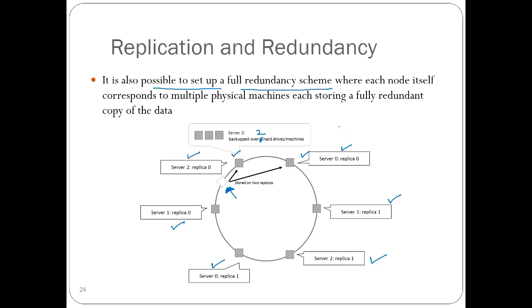So this picture is about the full redundancy scheme where each node itself corresponds to multiple physical machines, each storing a full redundant copy of the database, right? So server 2 has been backed up to 2 servers, whereas server 2 replica 0 and server 2 replica 1. Is it making sense?